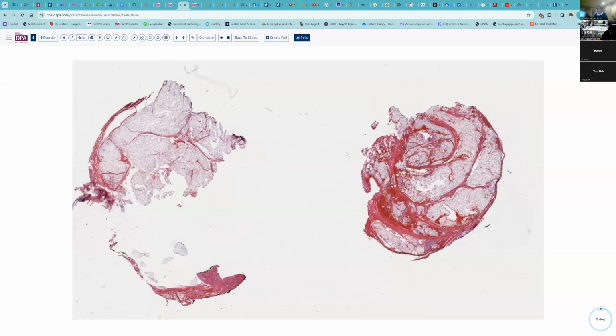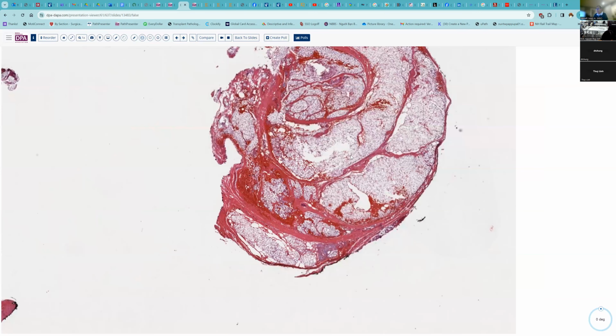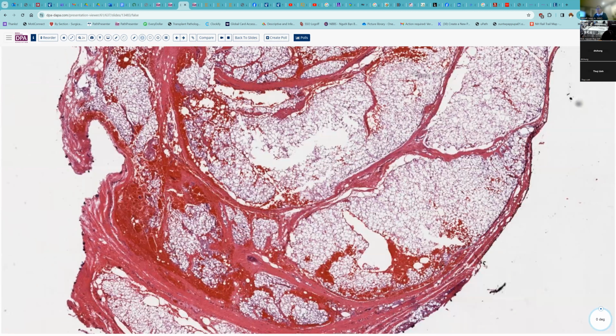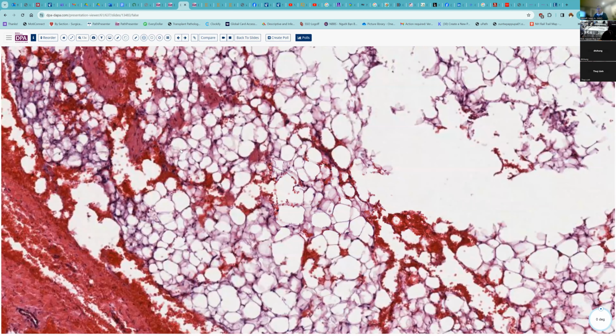So here's an example, again, fairly sharply circumscribed, lobulated, not as much solid tissue, but as we come into higher magnification, I think you'll see the fat cells are variable in size. And as we get into higher magnification, you can see that some of them have this lipoblastic appearance.